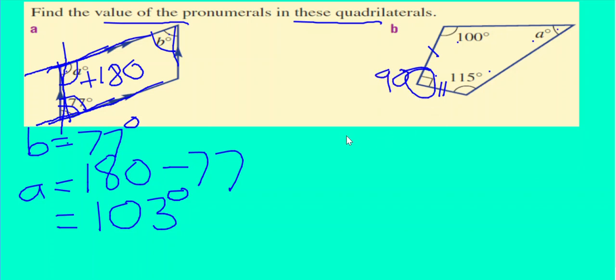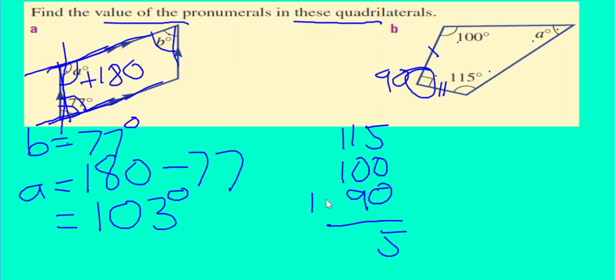So what I'm going to do is add all those up: 115, 100 degrees and 90 degrees. That's 305 degrees.